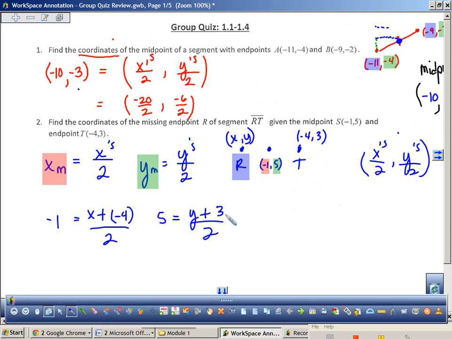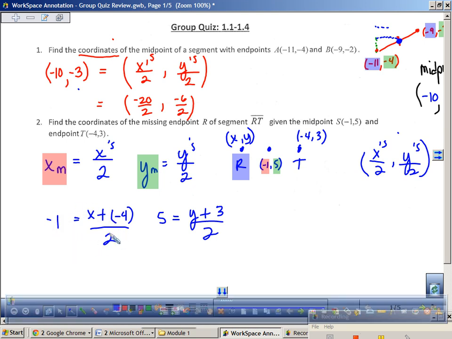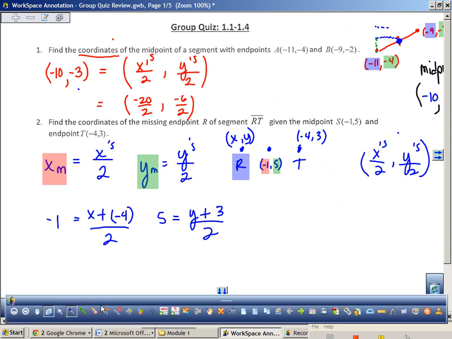Now how would I solve for x and y? If you have a fraction you want to get rid of it, what do you do? Multiply. If I'm dividing and I want to get rid of division, don't I do the inverse? I multiply. So if I'm dividing by 2, how would I get rid of division by 2? Multiply by 2.